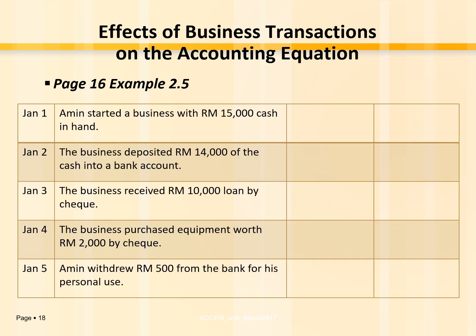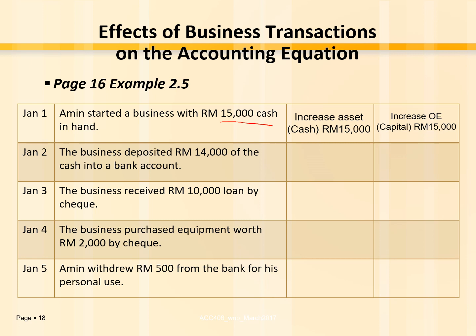Okay, so tadi Amin tu dia mulakan business dia dengan 15,000 cash in hand. So, macam mana it affect accounting equation? First, dia akan increase asset, which is asset tu adalah cash sebanyak 15,000 dan pada masa yang sama dia akan increase owner's equity iaitu capital dengan nilai yang sama 15,000.